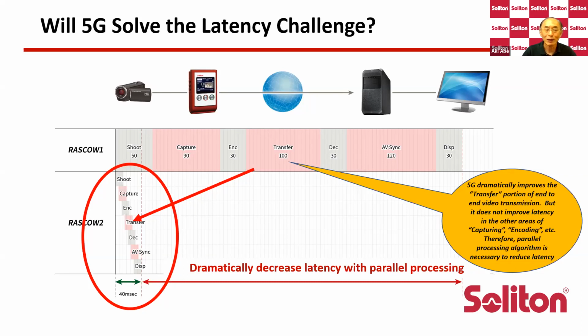But you still need the other processing: video capturing, IP delivering, IP sorting, overflow, and display. Those technologies still need to be done quickly. So yes, we are trying very hard to make it stable and shorten latency as much as possible, along with the 5G network. Great, thank you.